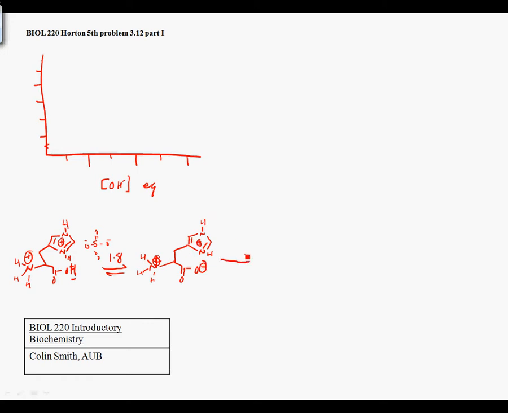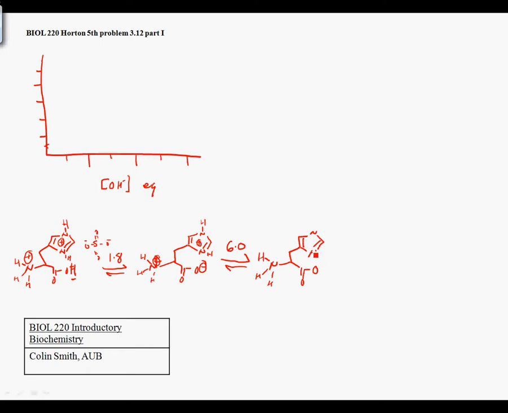Then the next equivalent of base will deprotonate that, and using the question's instructions, we see that the pK of this next ionization is going to be 6, and that's going to be the imidazolium. So we still have the 3 protons on the amino, the carboxyl is still carboxylate, and now we have this imidazolium group.